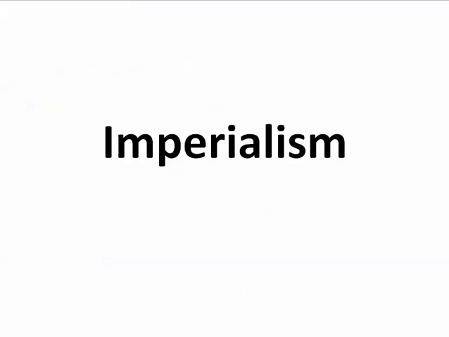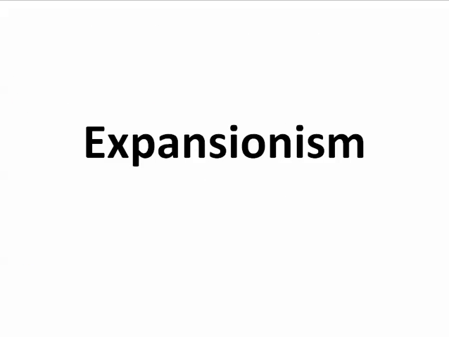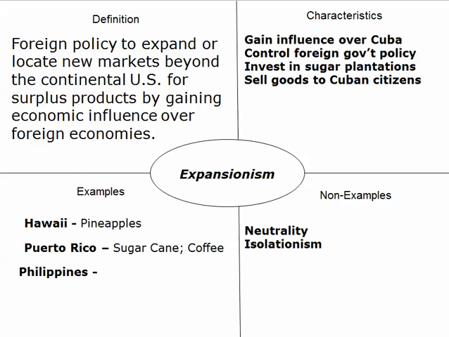Synonymous with imperialism is expansionism, but expansionism really refers to our foreign policy to expand beyond the continental United States, and to locate new markets for us to sell goods and to get raw materials from beyond the continental United States for surplus products by gaining economic influence over foreign countries.